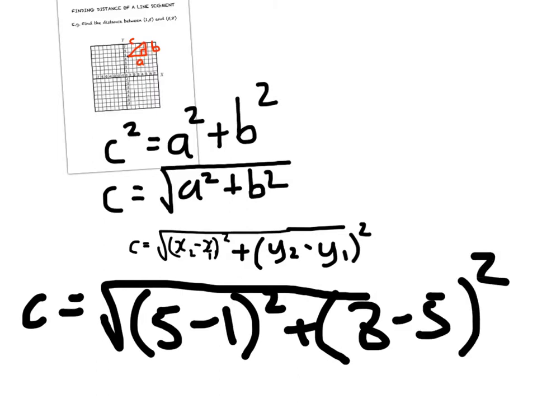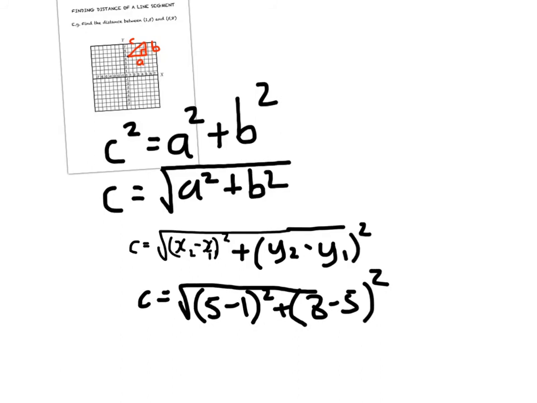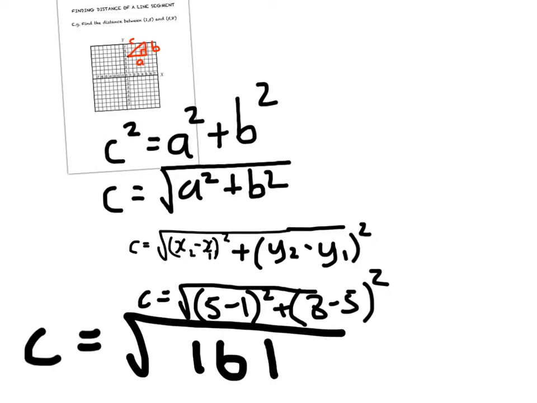I'm going to square that. C equals the difference in 5 and 1 is 4. 4 squared is 16. So that's going to equal the square root of 16 plus the difference in 8 and 5 is 3. 3 squared is 9.